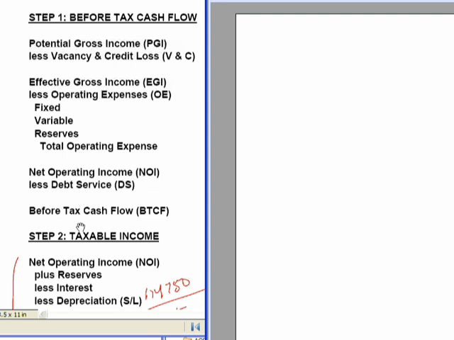Everything you're looking at here is annual. We're going to do it for each year, year 1, year 2, and year 3, or 2007, 2008, 2009, however you want to look at it. If you calculate the debt service, which you should be able to, it's just the monthly debt service multiplied times 12. Subtract that out, that leaves you with what's called before tax cash flow, BTCF. And that's the goal for step 1.